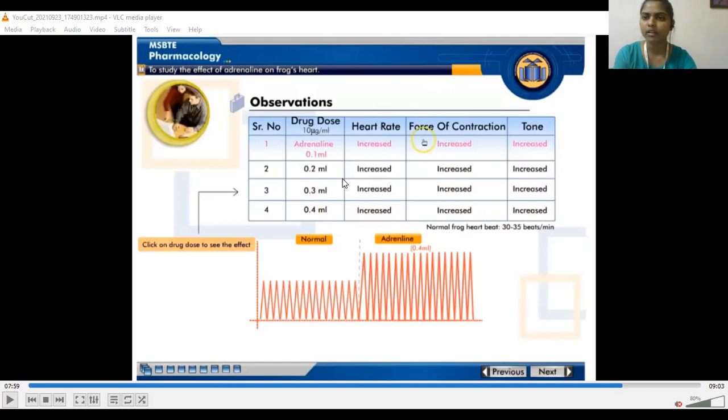The increase in the contraction of the heart is known as the positive inotropic effect, as well as the increase in the heart rate is the positive chronotropic effect. So here it is concluded.